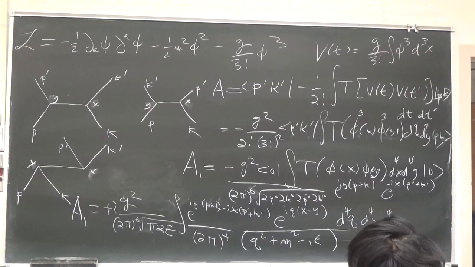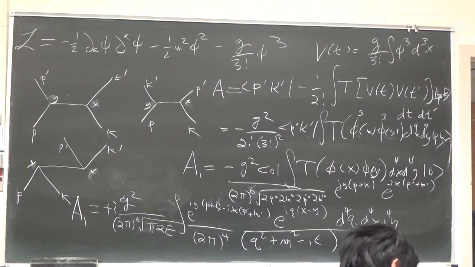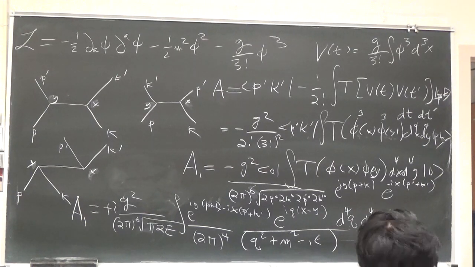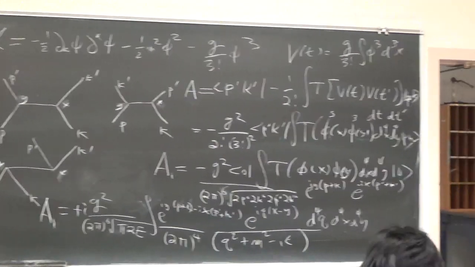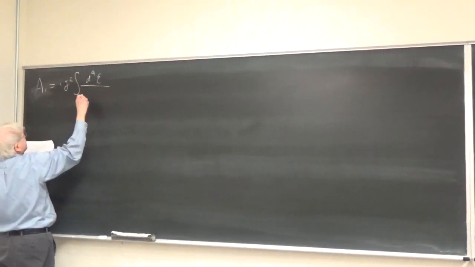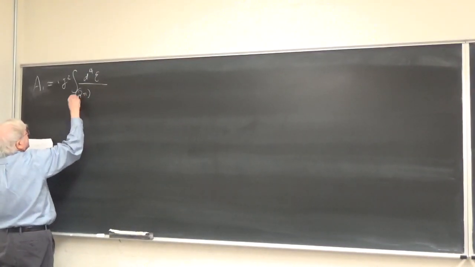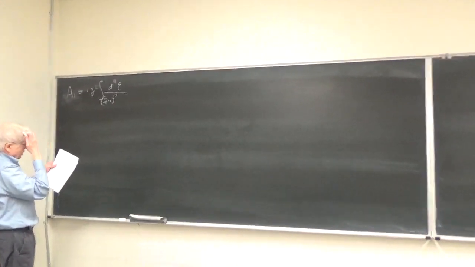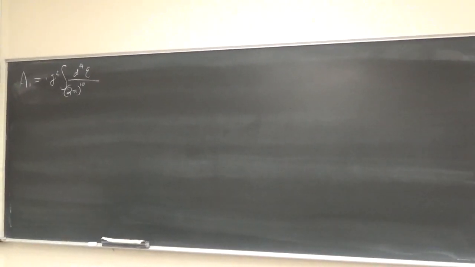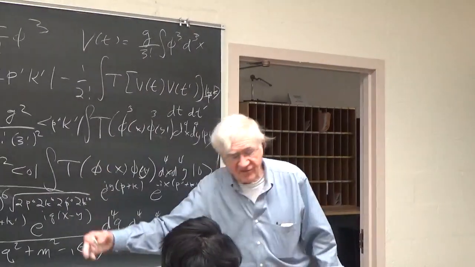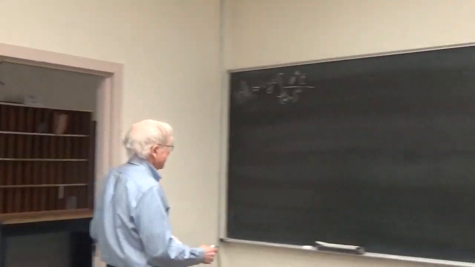And so that means that A1 is equal to IG squared integral d4th q over 2 pi to the 10th. Well, actually, no. The integral d4th q d4th x of the phase factor gives you 2 pi to the 4th times the delta function.